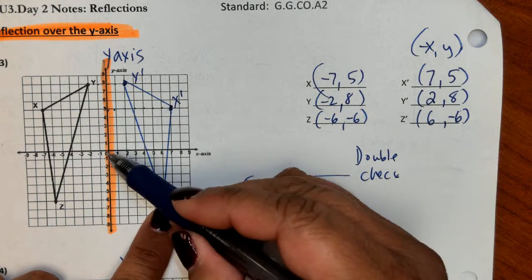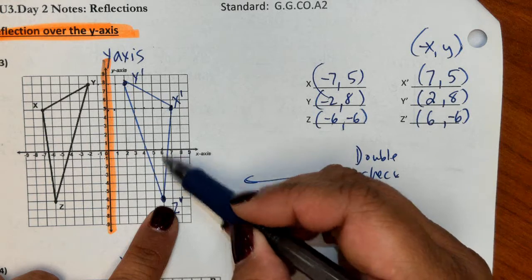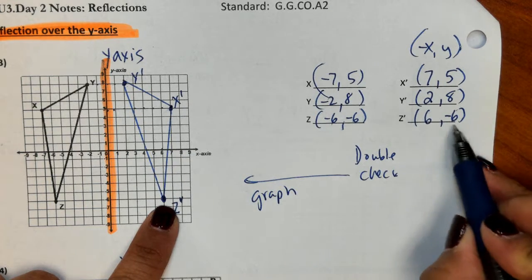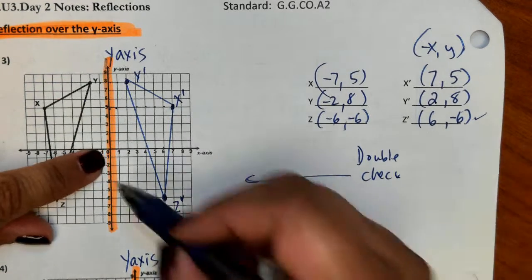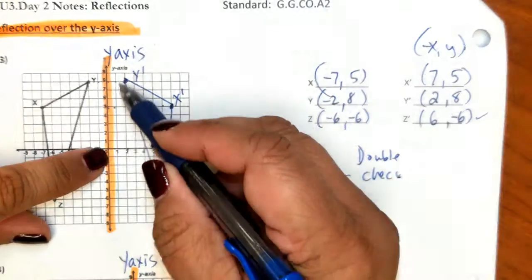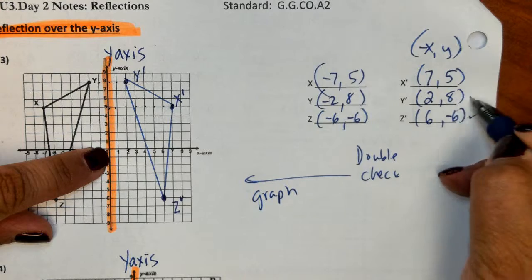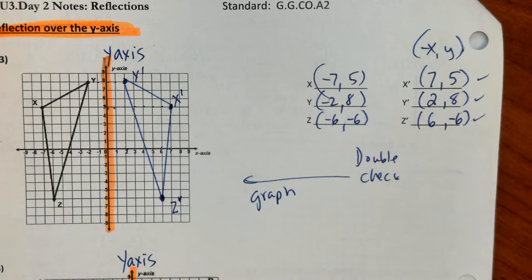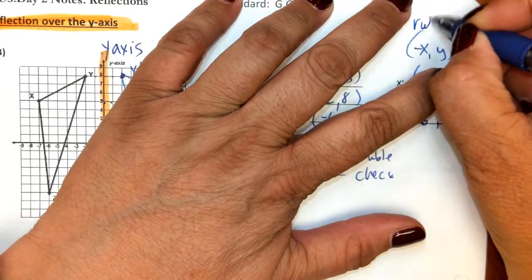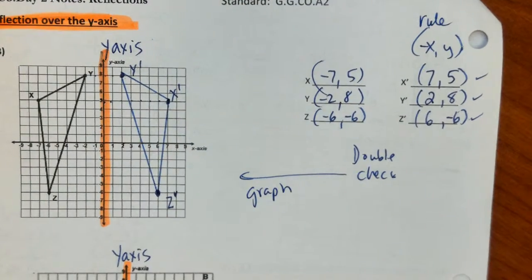The value for z prime is 6, -6. Let's see if you got it. You sure did. Boom. Y prime. 2, +8. 2, +8. Got that one. And finally 7, +5. So the rule worked. This is the rule. Okay? All right, you like that?